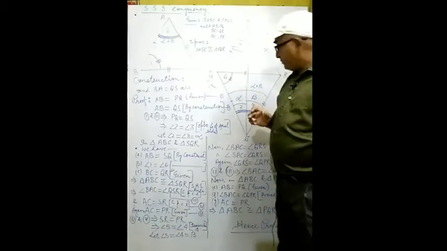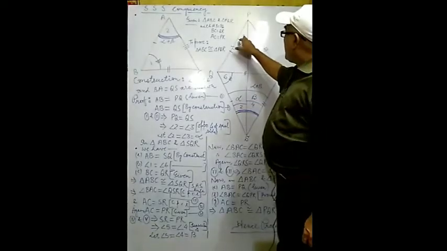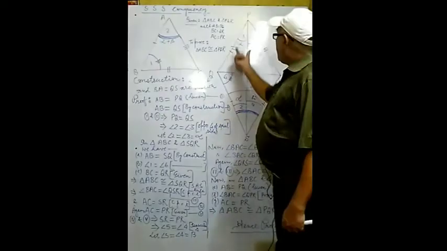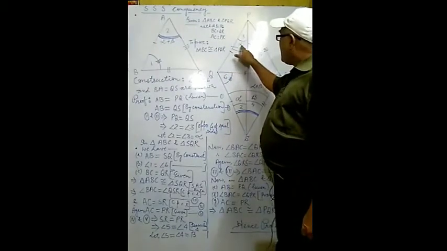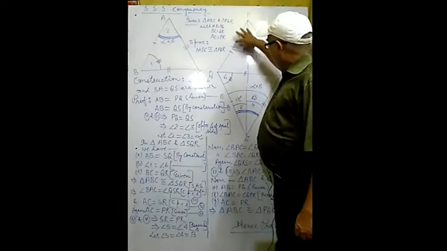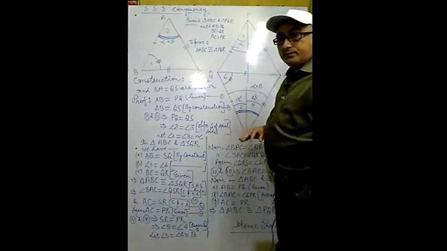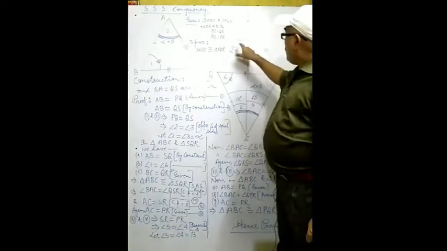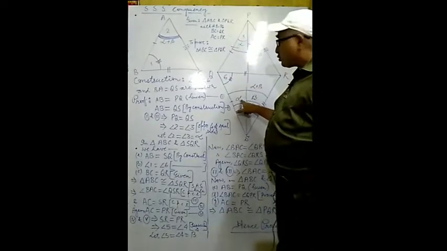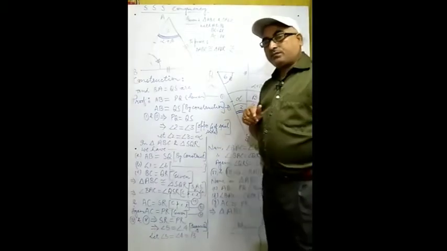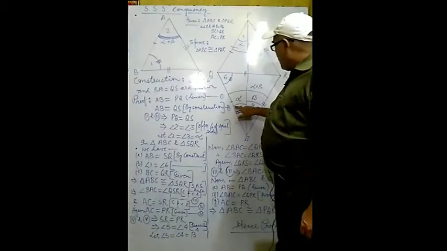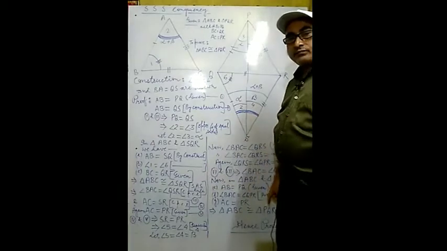In this way, angle 2 equals angle 3. Let us suppose angle 2 and angle 3 are equal and each equal to alpha. Keep in mind, angle 3 is alpha, angle 2 is also alpha. From here to there is alpha and from here to there is also alpha.